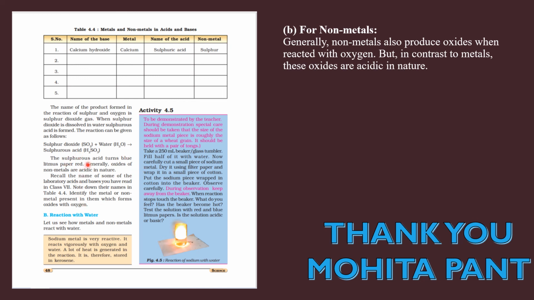When we check it with litmus paper, the result is that the oxides of non-metals are acidic in nature. So generally, metals and non-metals produce oxides when they react with oxygen, but metal oxides are basic in nature, and non-metal oxides are acidic in nature.